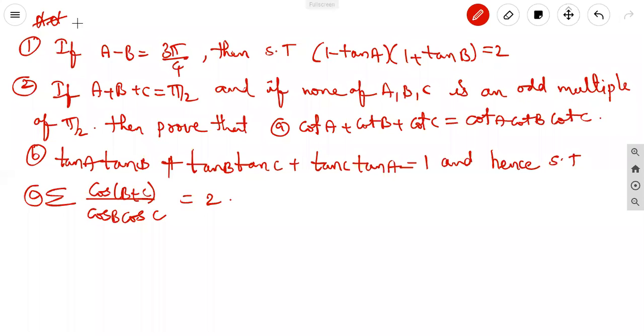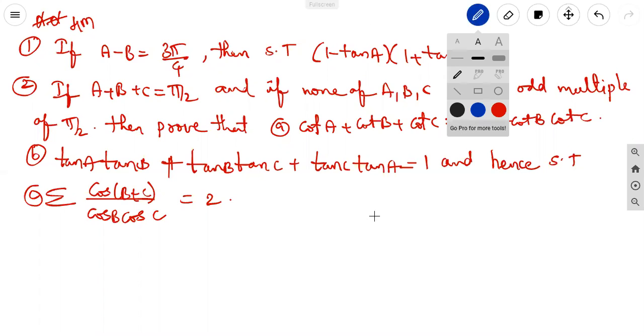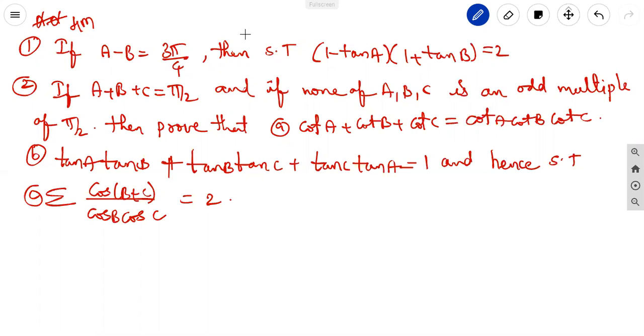These are 4 marks questions. The first one is, if A minus B equals 3 pi by 4, then show that 1 minus tan A into 1 plus tan B equals 2.